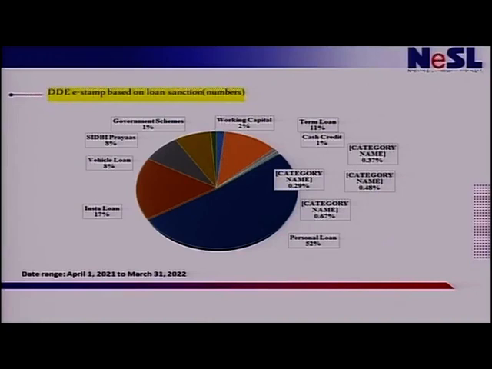And we also have other kinds of loans like Insta loans, Siddhi Prayas, government schemes, vehicle loans. We also have working capital, term loan, cash credit, and other categories of loans. This is a bifurcation by way of numbers. And understandably, the loans in the personal segment constitute the largest number.